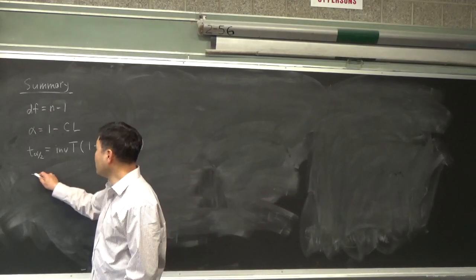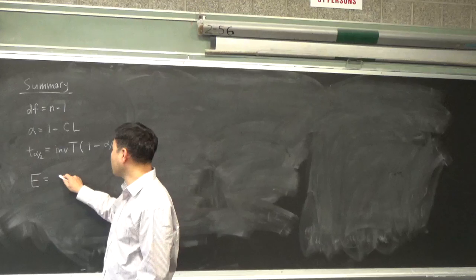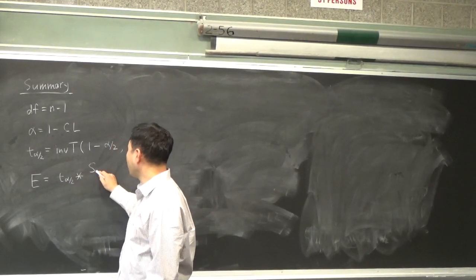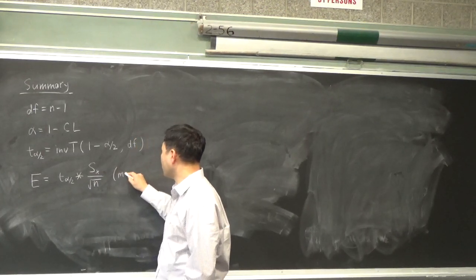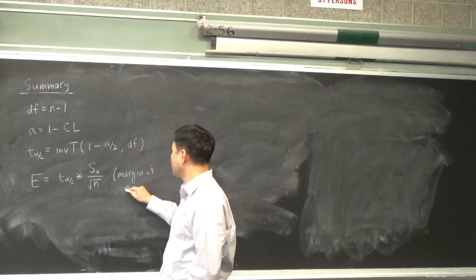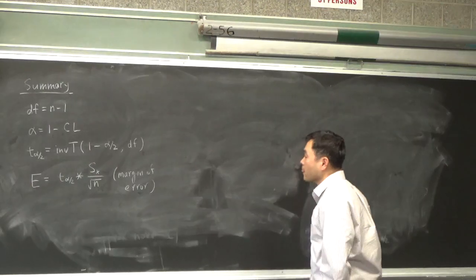And then this E, which is known as the margin of error, is t alpha over 2 times S divided by square root of n. This is called the margin of error. Okay.